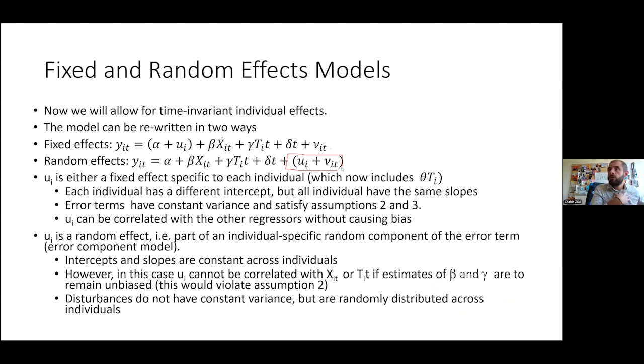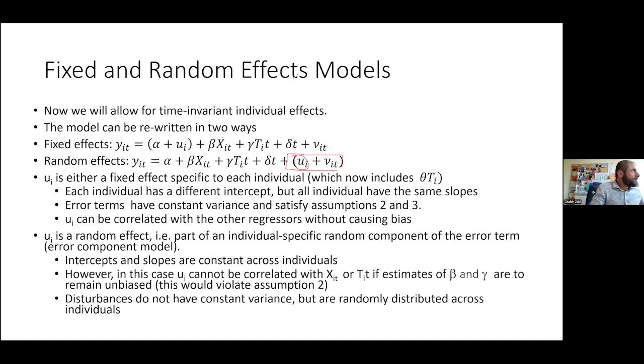So I want to take this into consideration because this means that part of the error term will be changing with individuals, right? And that's why, in order to address this problem, we will have to run a generalized least squares that we use in general to resolve the problem of heteroscedasticity.